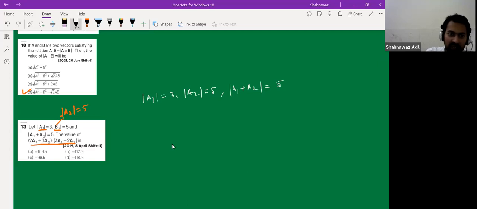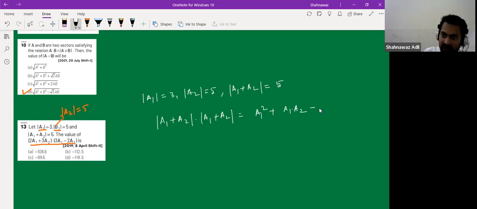So we can calculate (A1 plus A2) dot (A1 plus A2). This would be A1 square, plus A1 dot A2, and then A2 dot A1, and then A2 square. So this is (A1 plus A2) whole square.